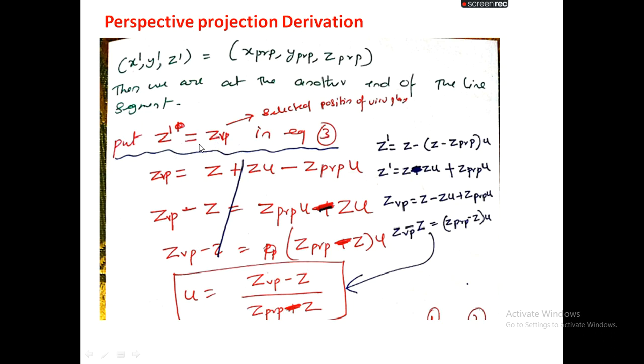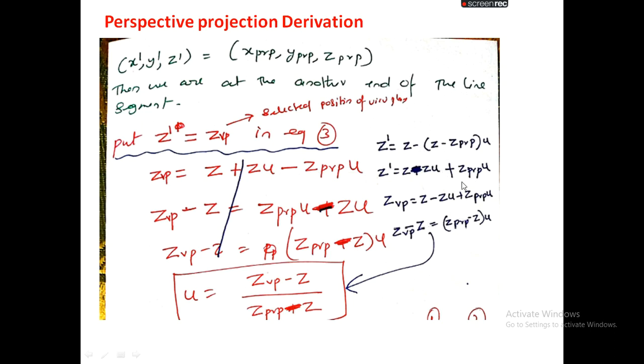Then substitute z dash equal to zvp in equation number 3. So if you substitute z dash value equal to zvp in equation number 3, here this is equation number 3 I substituted. Don't see this here, red color. See the blue color pen, what I did here.